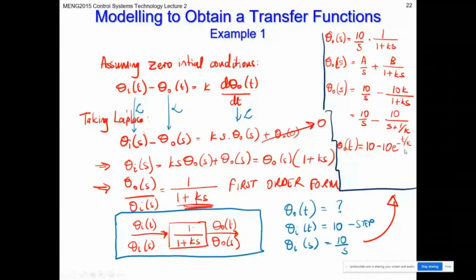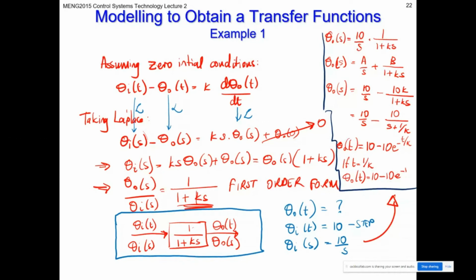When time is 1 upon k, this term is going to be equal to 10 minus 10 e to the minus 1, and e to the minus 1 is 0.37 or so. And when you multiply it by the 10, that's going to be 3.7. Something like that.